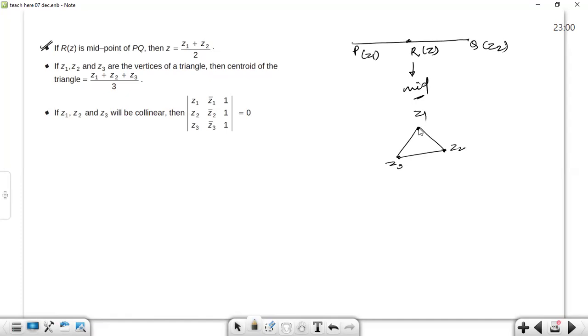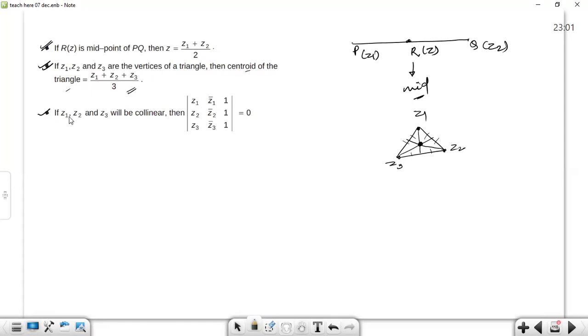Centroid is basically where the medians meet. A median is a line which connects one vertex of the triangle to the opposite edge such that it divides that edge in half. So this particular point will be the centroid. To find this centroid's complex number, we sum all of these complex numbers and divide by 3. This gives us the centroid of the triangle.